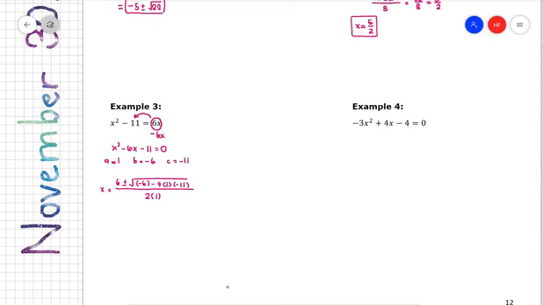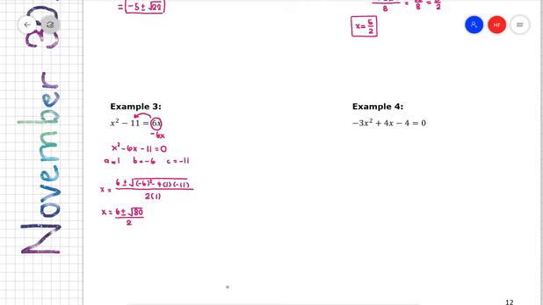So I'm going to simplify what's on the inside of the radical, the discriminant. I think I forgot to square it. So b squared minus 4 times a times c, and then over 2.